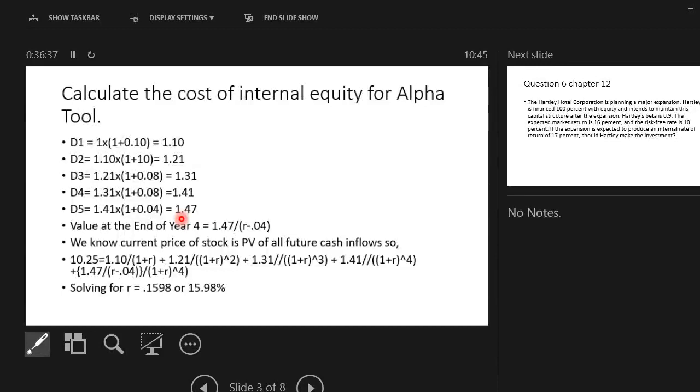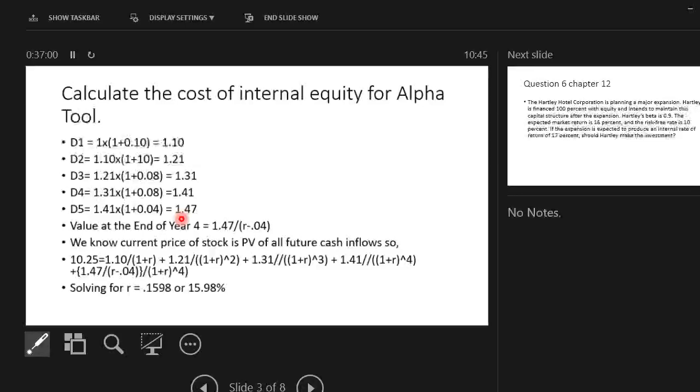So maybe we should actually take it as a practice, just to show you what I'm saying here. So let's assume our P0 is $10.25. You can maybe write it somewhere. Your P0 is $10.25.